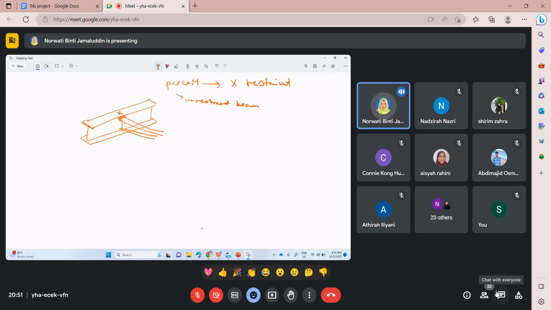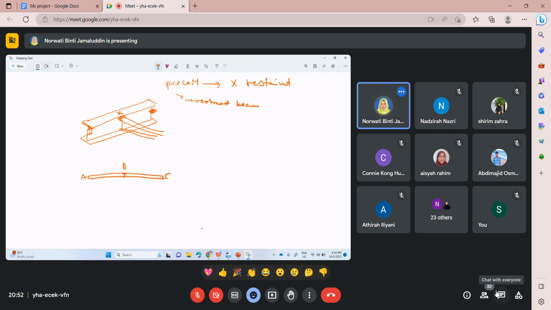So that's why, when we design, we call it a segment. A to B, B to C. At A we have another connection, so this point also cannot move sideways. We have restraint too, meaning it can provide restraint.